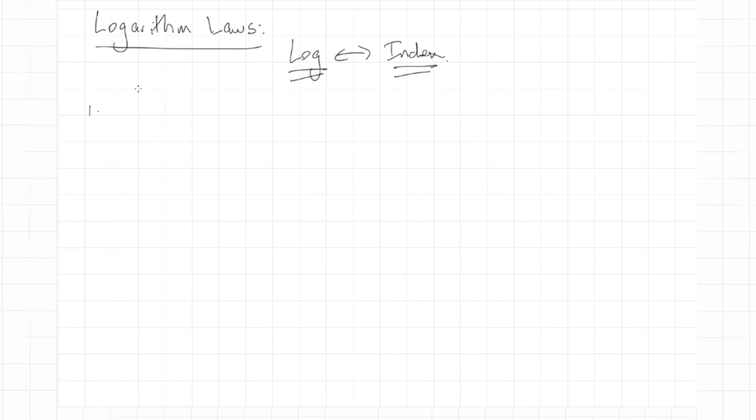First law is that when you're multiplying two numbers together, the log to base a of nm, so we're multiplying a number times another number, we are going to add the logs of the individual numbers.